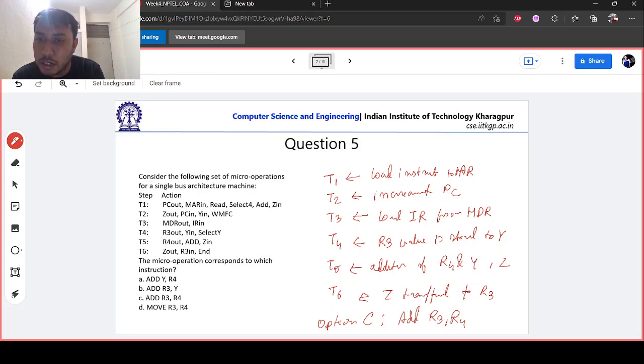What T6 does is it stores the value of Z back to R3, because the instruction here is add R3 R4, which basically transforms to R3 plus R4. So the correct answer is option C, add R3 R4.